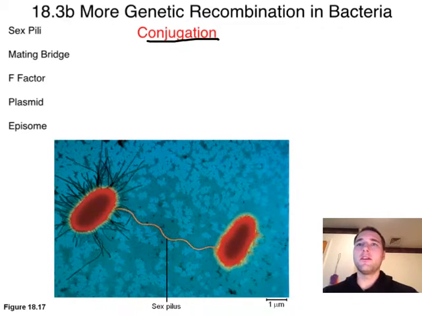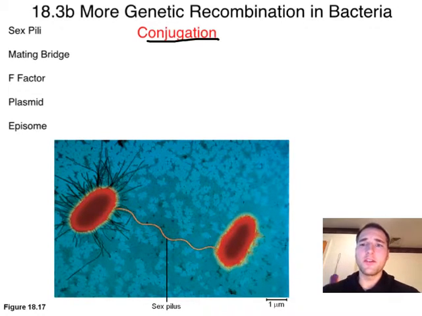A sex pilus is an appendage that can reach from one bacteria to another. I don't know which one is the donor bacteria here, but we'll say that this one reached out to this one, connects, and then it'll draw the two bacteria together. Okay, so that's what a sex pilus does, it draws two bacteria together.